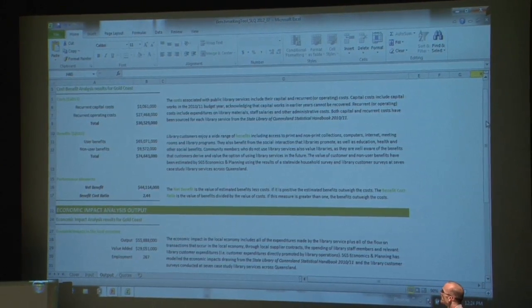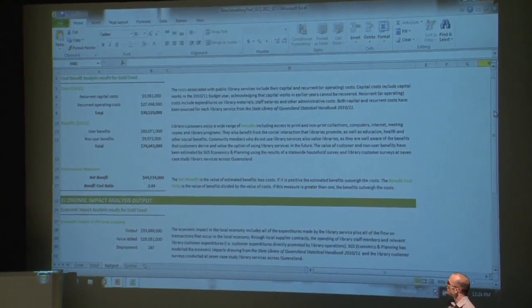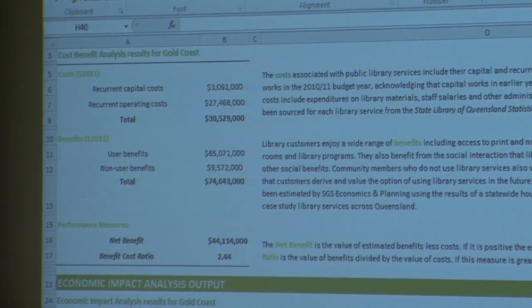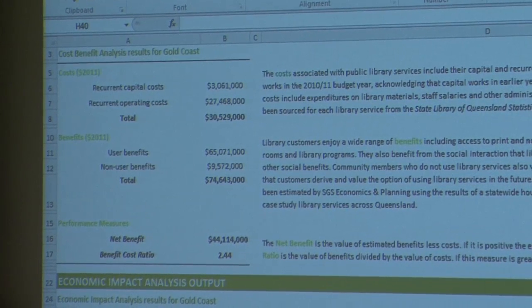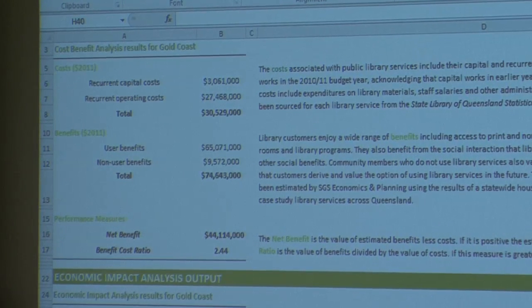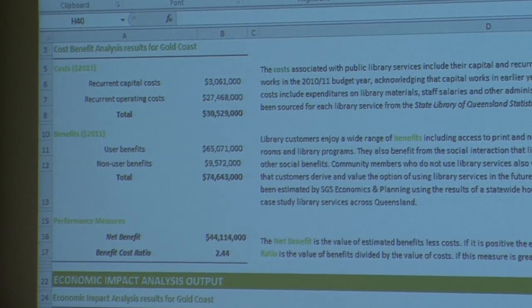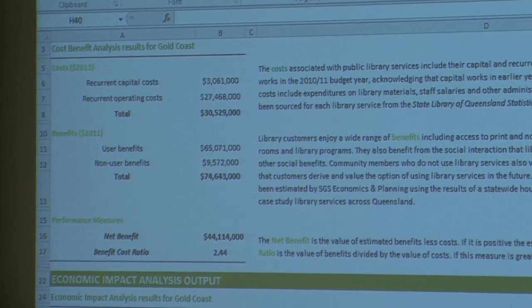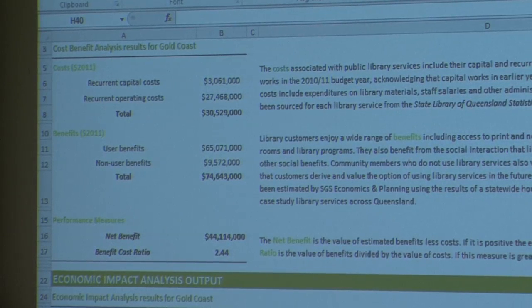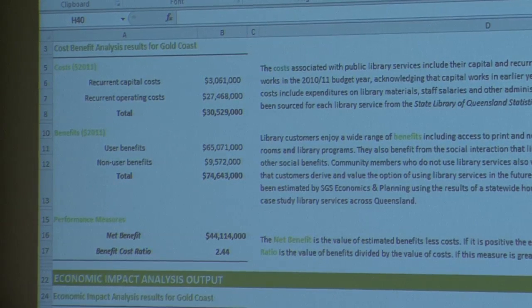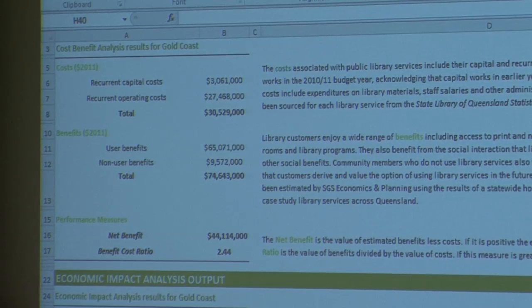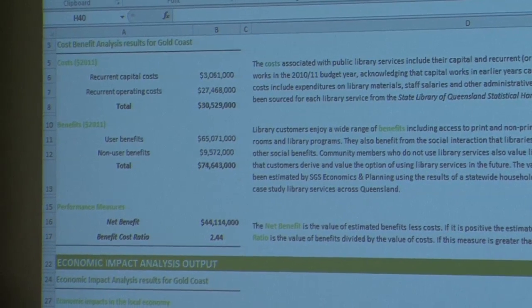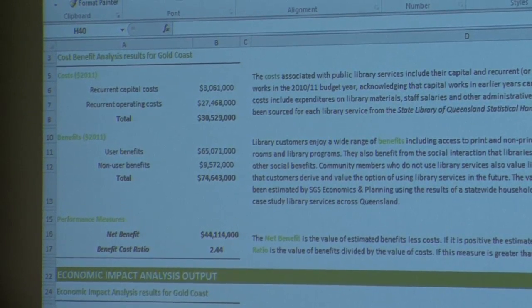So, it shows here from the cost-benefit perspective a cost of running that library, and that's straight from the statistical bulletin, of 30 million, and the benefit seen in the Gold Coast community, estimated user and non-user benefits totaling 74 million, and a benefit cost ratio there of 2.4 or a net benefit of 44 million.